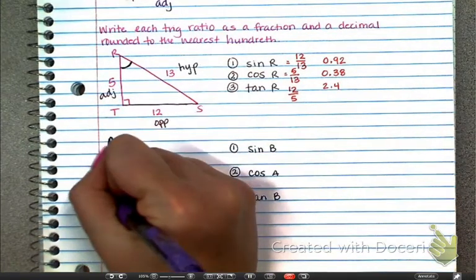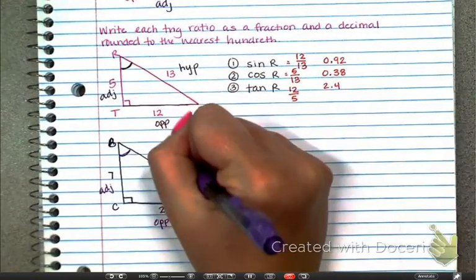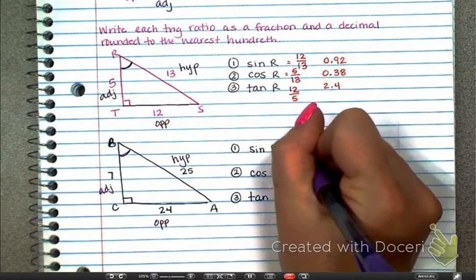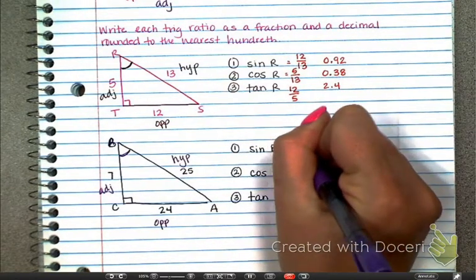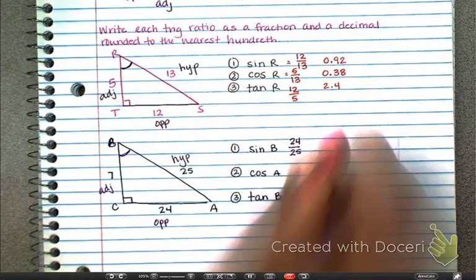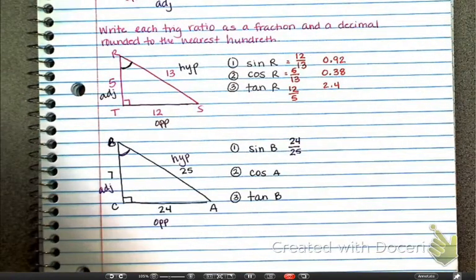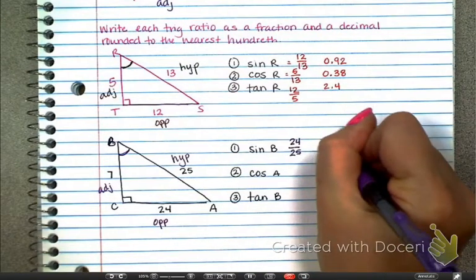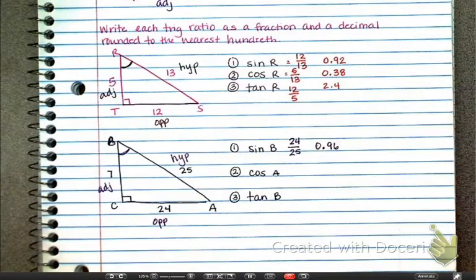And the hypotenuse is the last one, right? Okay, so for sine, what two sides are you using? So your opposite and your hypotenuse, so you should have 24 over 25. 24 divided by 25 is 0.96. Do we get that? Okay.